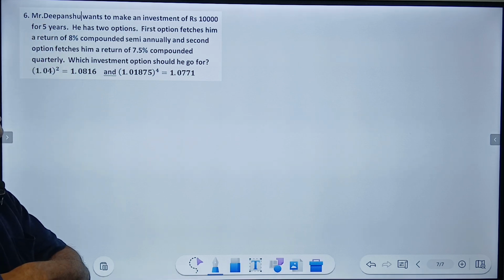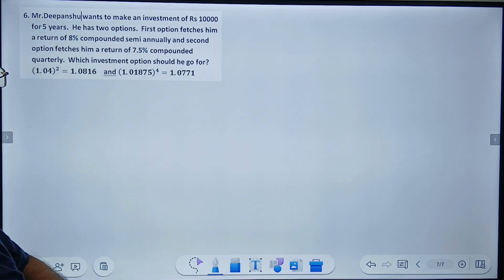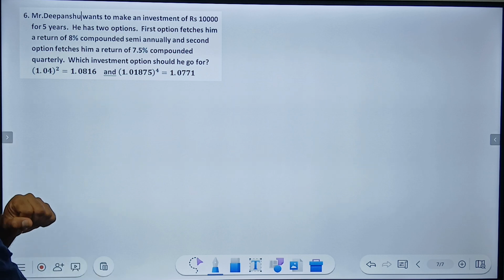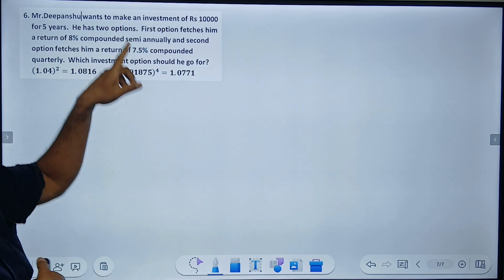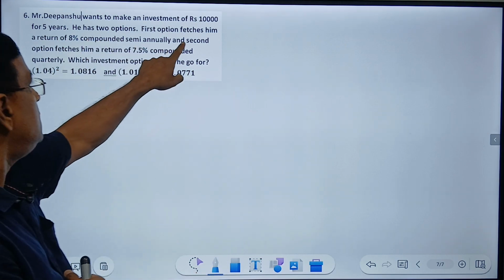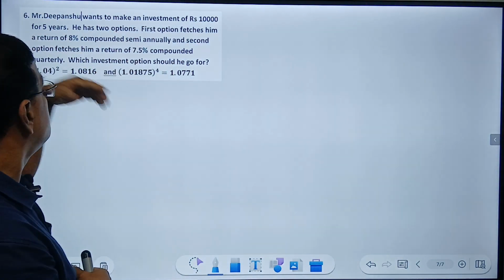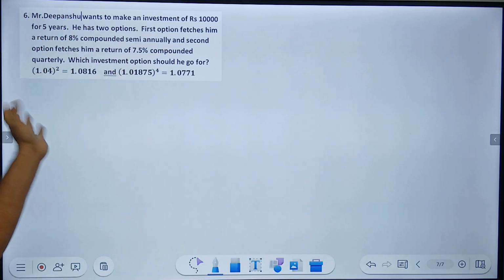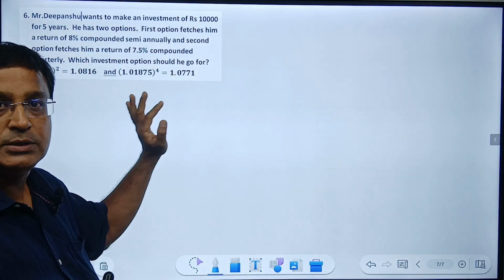He has two options. The first option fetches him a return of 8% compounded semi-annually, and the second fetches him 7.5% compounded quarterly. Here, interest is high, compounding is less. Here, interest is less, compounding is more. So he wants to know which is a better investment.